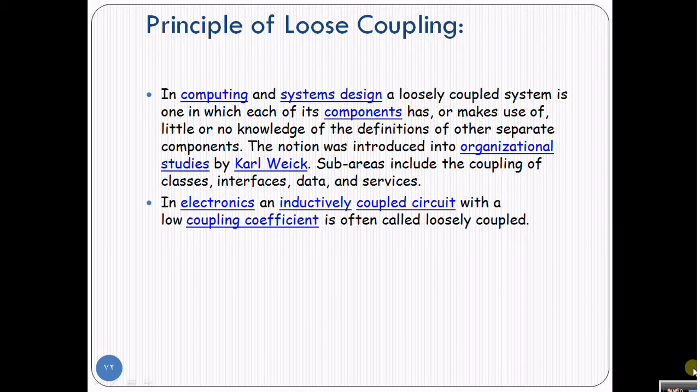Principle of loose coupling. In computing and systems design, a loosely coupled system is one in which each of its components has or makes use of little or no knowledge of the definitions of other separate components.